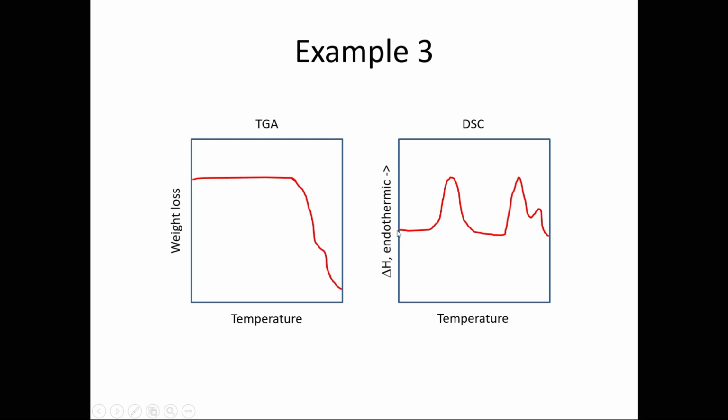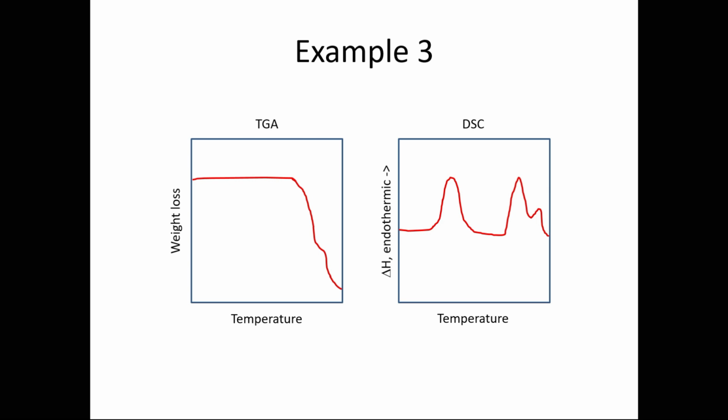Now when we look at the DSC thermogram, endothermic is shown upwards, and we see this peak. If we compare the position of this peak, it is observed in this temperature range, and we can't observe any weight loss in this temperature range, which indicates that this endothermic peak is not related to degradation or decomposition of this compound.